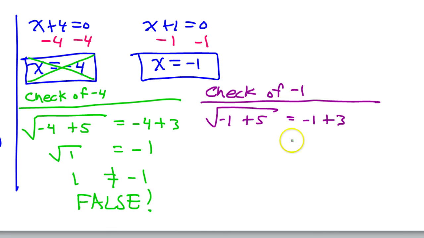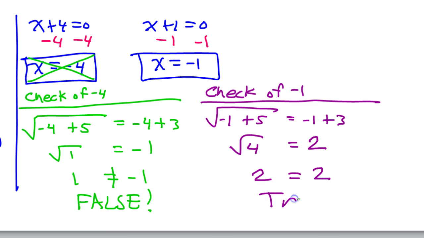So this one is looking more promising because this time I'm not getting a negative over here, which was the problem on the other one. So that's going to make 2, which is fine. And then that's going to make the square root of 4. And the square root of 4 is 2. So 2 does equal 2. Okay, that's true. Alright, so that one is okay. So x equals -1 is our one and only solution.